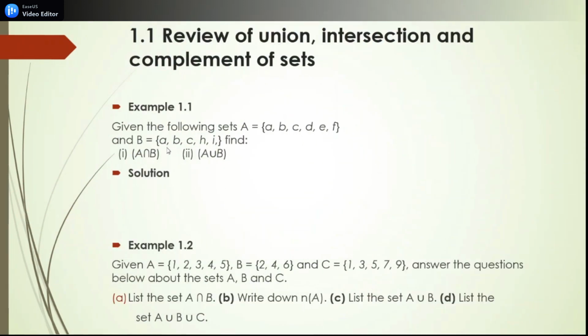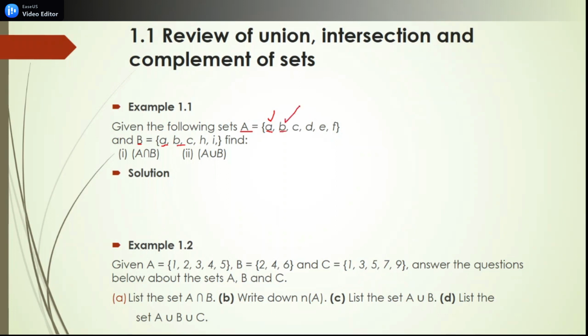We have an example. Given the following sets, you have set A and set B. You are asked to find the intersection. We have to compare those two sets. A is in both sets.